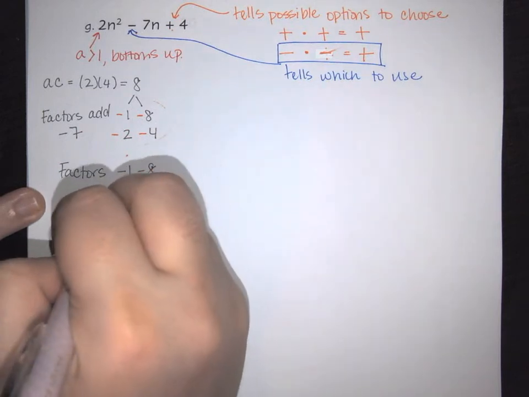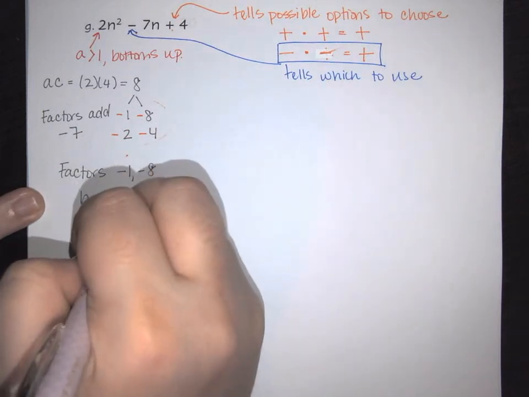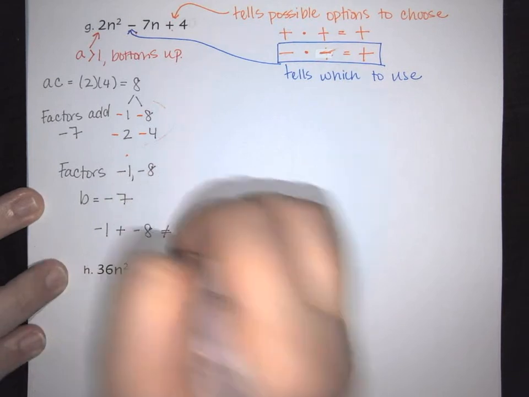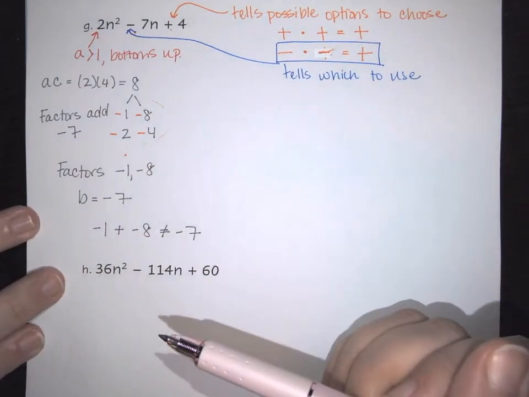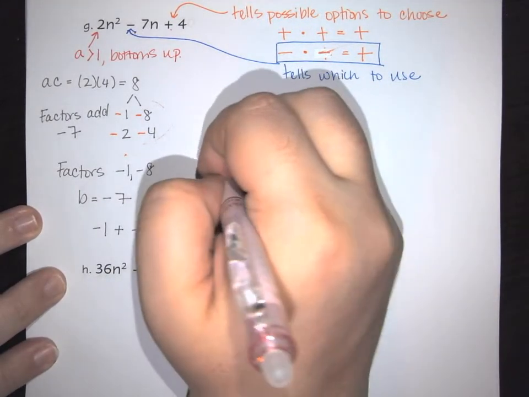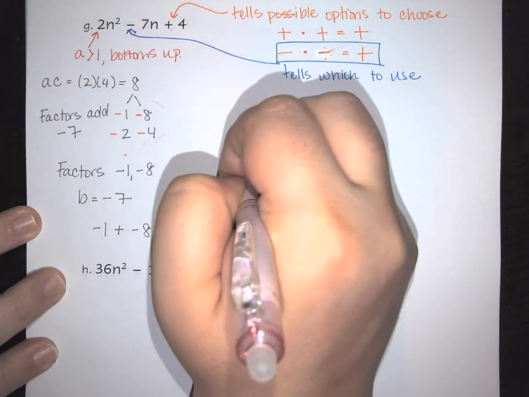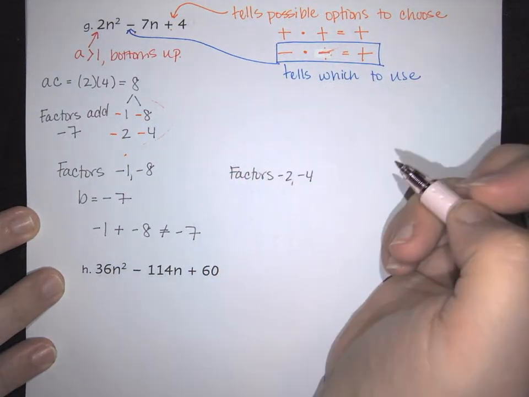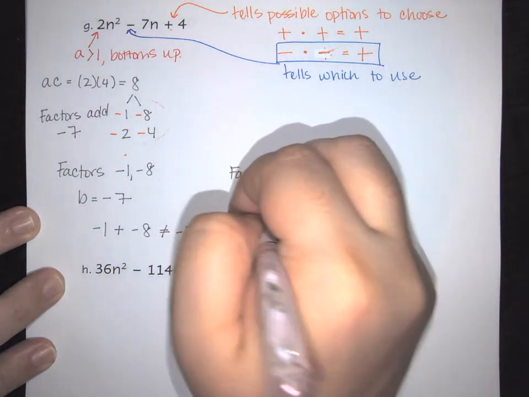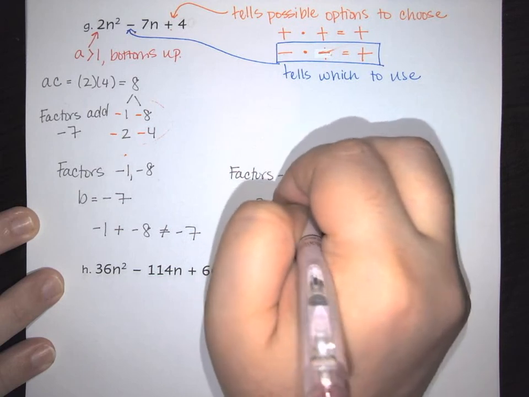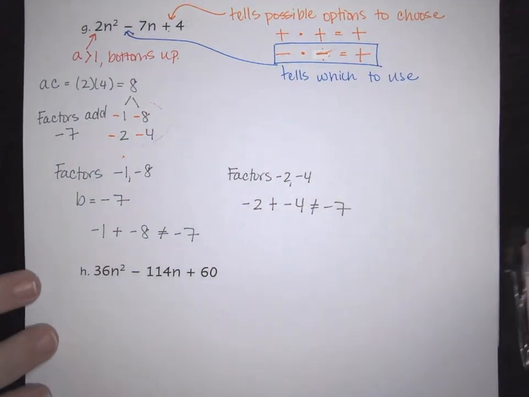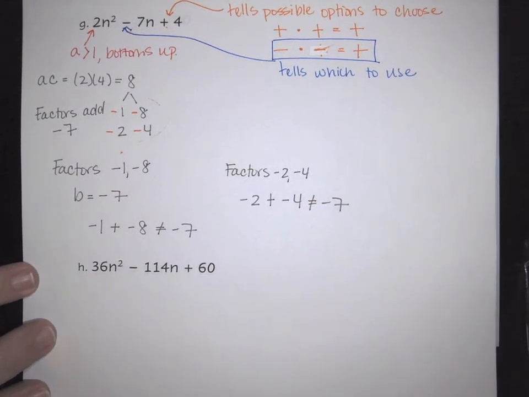Well, -1 plus a -8 does not give you a -7. So I know that those factors don't work. Then, if I take a look at my factors -2, -4, well, -2 plus a -4 again does not equal -7. So this is a very important thing to notice.